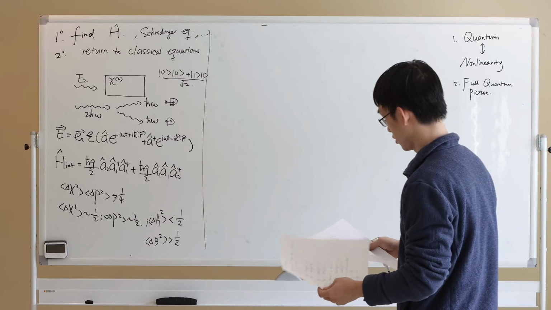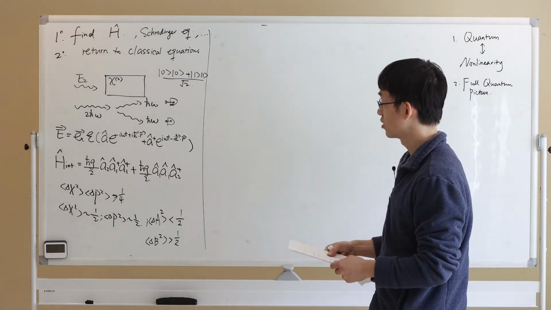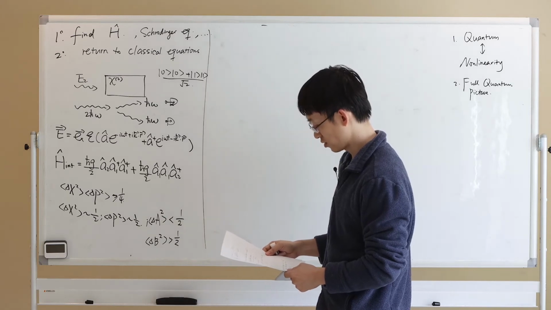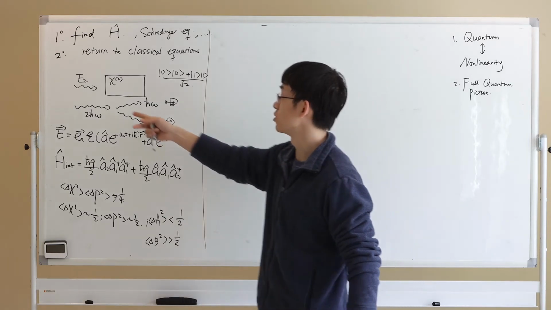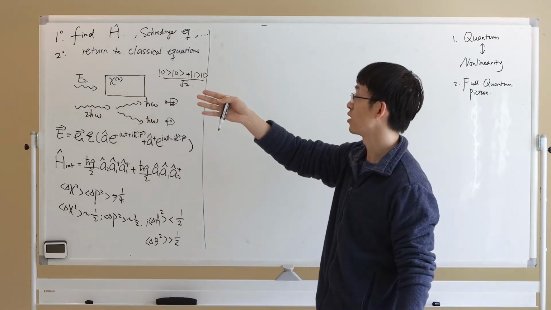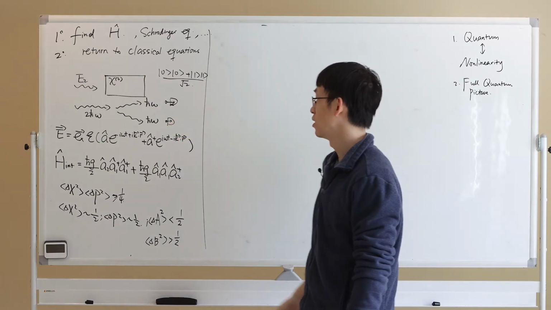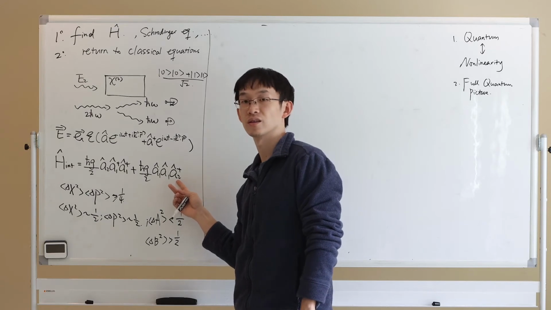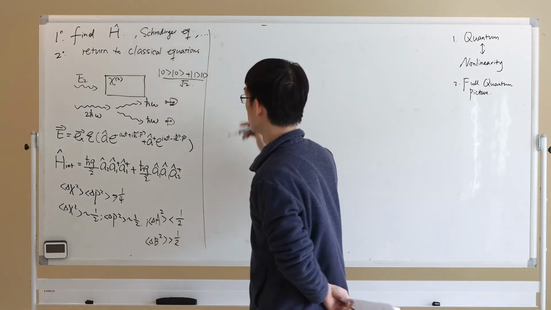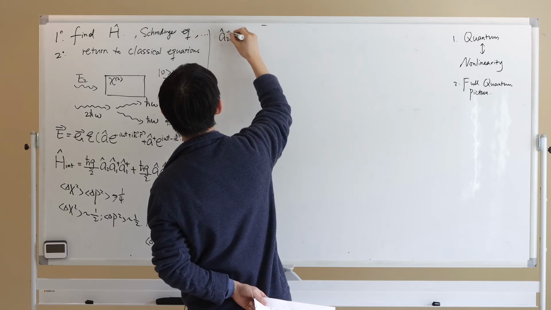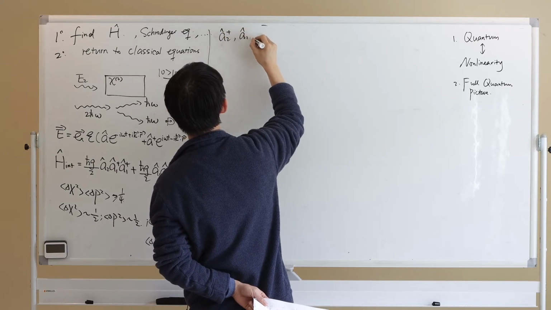So now what we do first is this: because the input light is a pump, it's a classical wave with many photons, there's really no reason to write it down as A2 dagger A2. The reason is this.